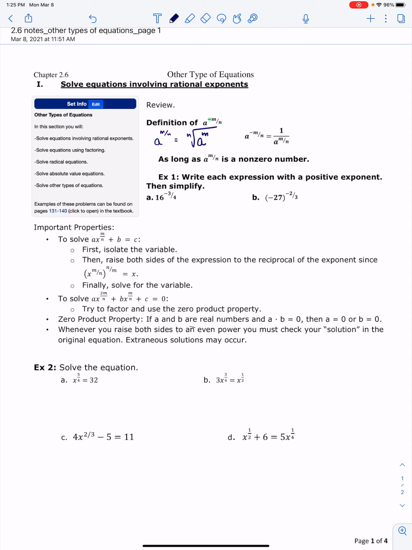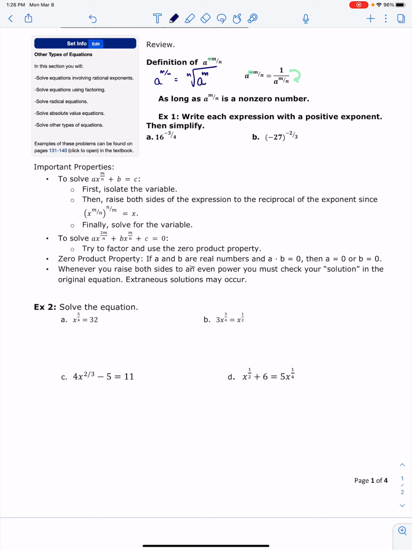That negative means take the reciprocal, moves from the numerator to the denominator or the denominator to the numerator. Okay. Does not change the sign of the expression at all. It literally just moves it into the denominator.